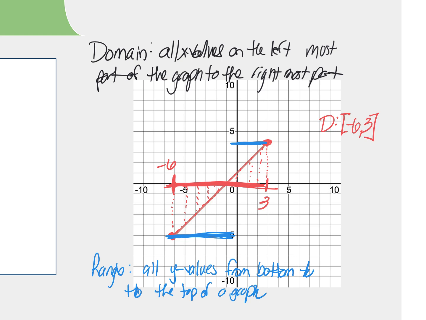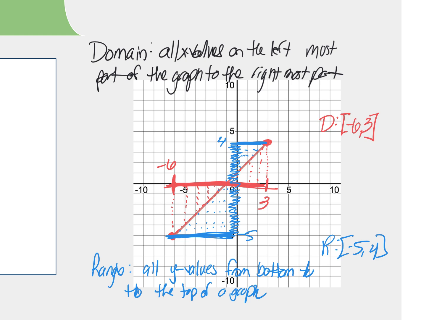And the highest coordinate is at 4. If I again think about how this line would connect to the y-axis, I've got no gaps going from the bottom to the top of the function. So my range would be this portion of the y-axis, from -5 to 4.